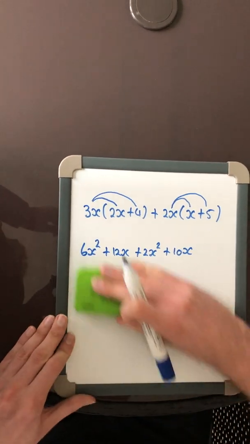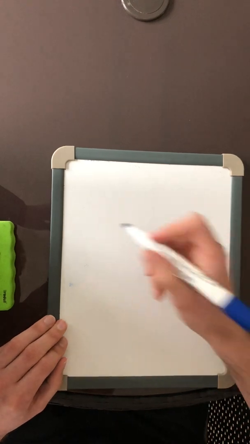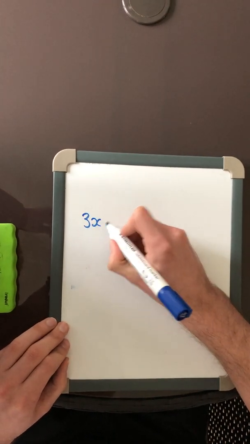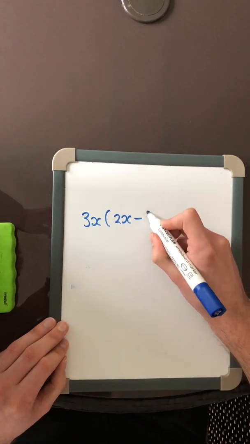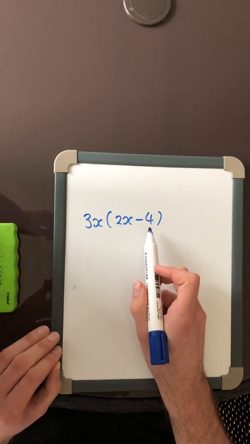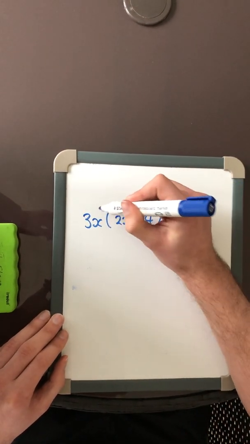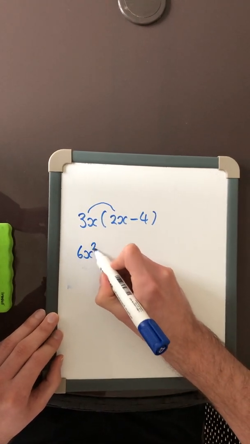And just one last thing I want to show you is if we have a negative. So if we have our 3x, open bracket, 2x, subtract 4, remembering what we need to do for our subtractions, okay? Same again now, if we start it off, draw our lines, 3x times 2x would be 6x squared.